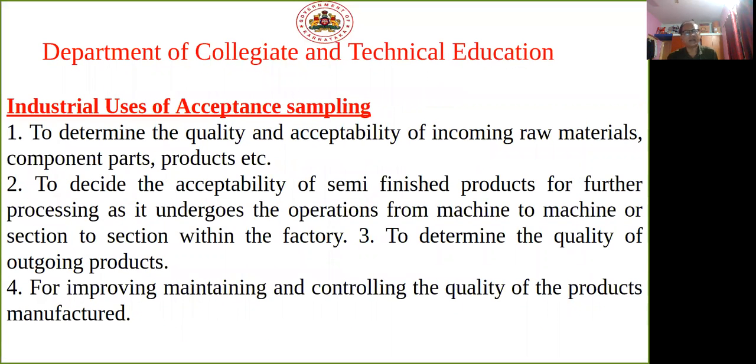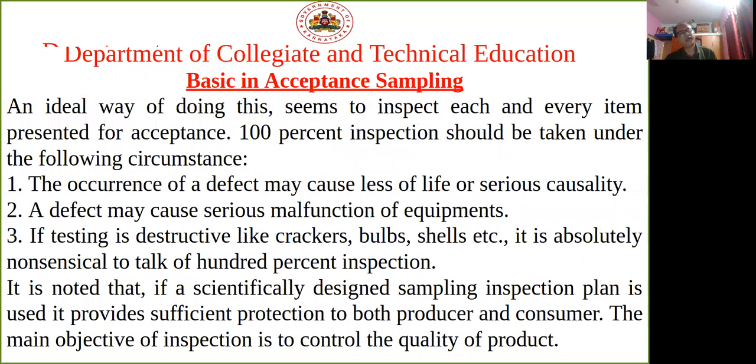Then we studied where exactly we use acceptance sampling in industry: to determine the acceptability of incoming raw materials, components, and products, of semi-finished products also, and to determine the quality of outgoing products. It is also used for improving, maintaining, and controlling the process. So during the manufacturing process itself, we can bring the process under control.